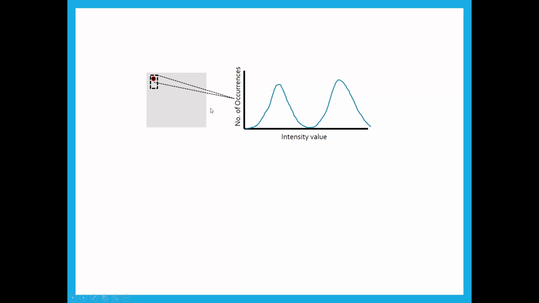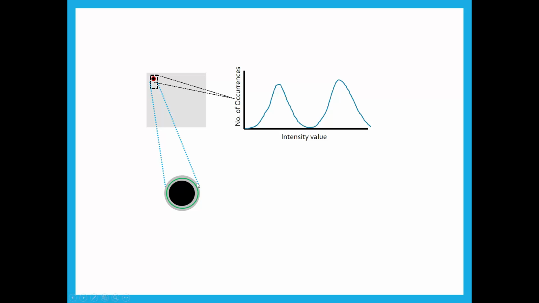So by considering only those pixels around this narrow strip, we will get two advantages.